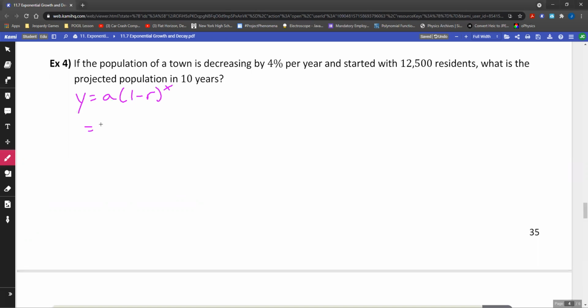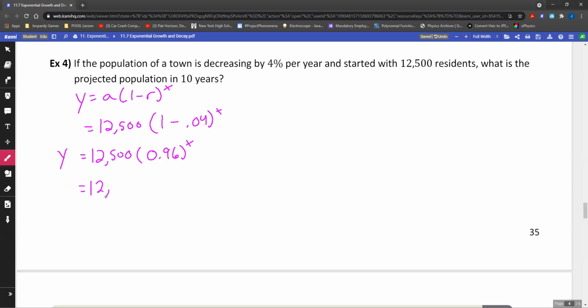It started with 12,500 residents. The rate is 0.04. So plugging that in, 1 minus 0.04, 0.96.